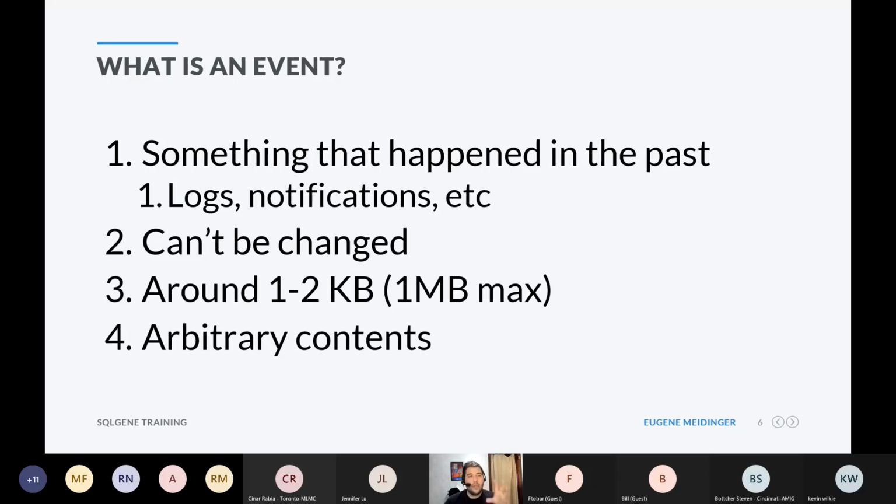And then finally, the contents are arbitrary. Azure Event Hubs does not care at all about what you put in your event. As far as it's concerned, you're just sending it a big old bucket of bits. What's in there is a black box as far as Azure Event Hubs is concerned.